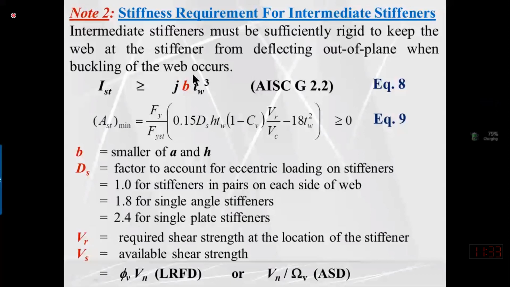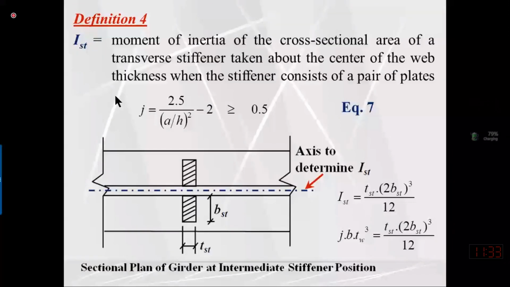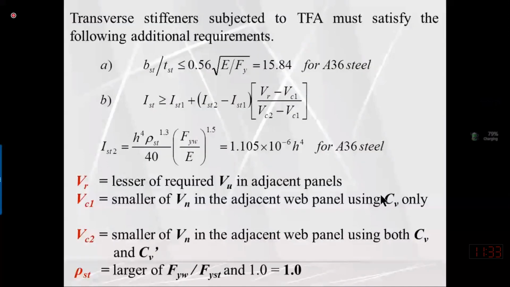And then we can compare this moment of inertia with its actual expression. So we can compute the moment of inertia about the center of web.